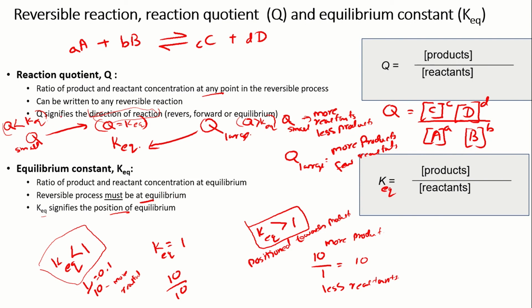The Q, or the reaction quotient, signifies the direction of the reaction, while the equilibrium constant signifies what is more prominent at equilibrium. Is it products that you find at a higher concentration, or is it reactants that you find at higher concentration?